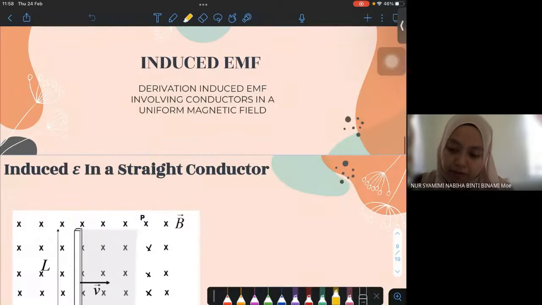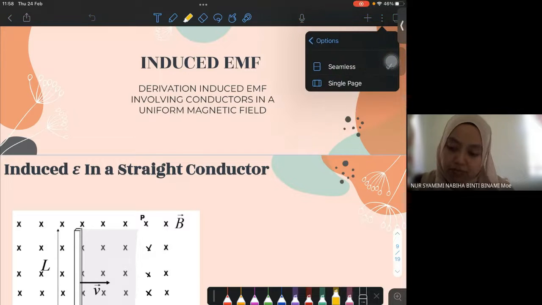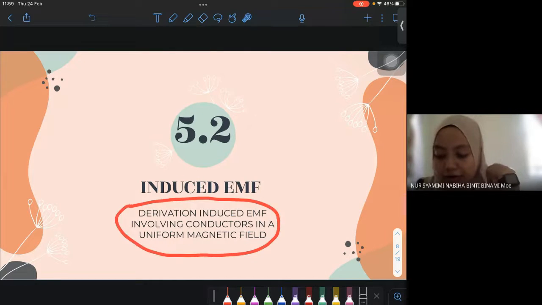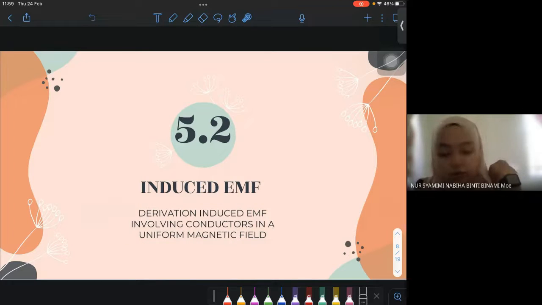Okay, kita sambung lagi sikit. Okay, so in you punya syllabus juga, kita derive induced EMF involving conductors in a uniform magnetic field. So ada 3 benda yang kamu kena derive. The first one ialah wire, long straight wire. The second one ialah coil.